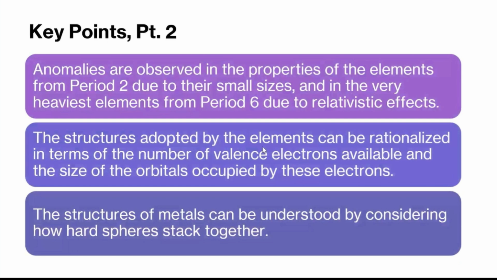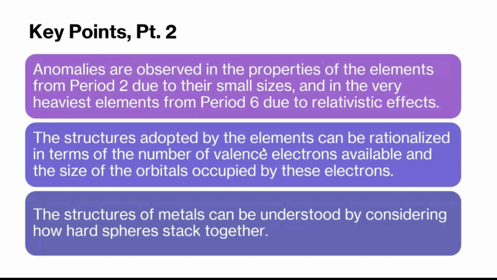Now, our second part of key points is the especially big one. If we're talking about bonding in the elements, the second period is sort of an anomaly compared to all the other periods. So that is something that we'll need to investigate in this chapter to actually understand the entire periodic table.